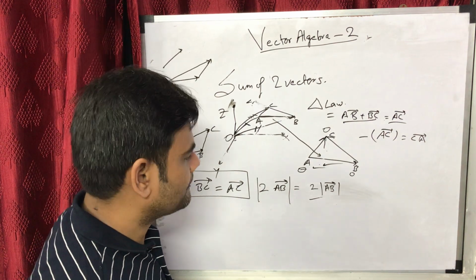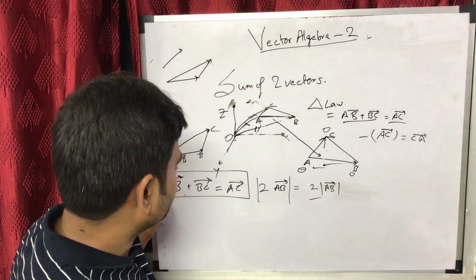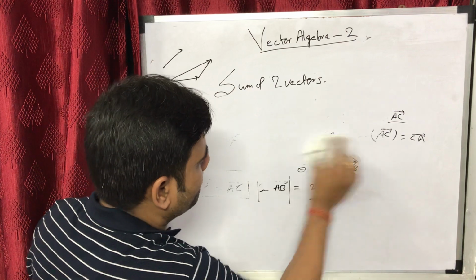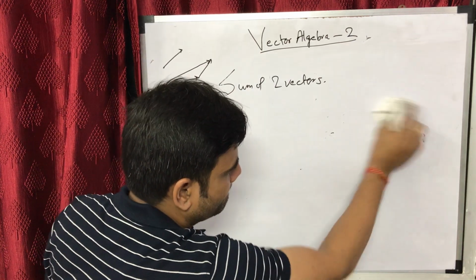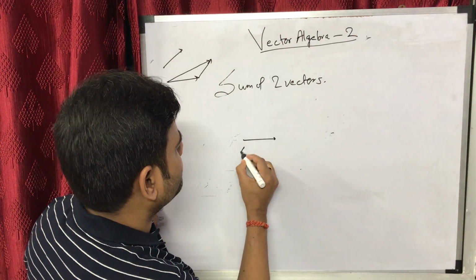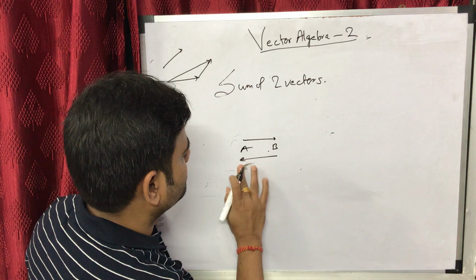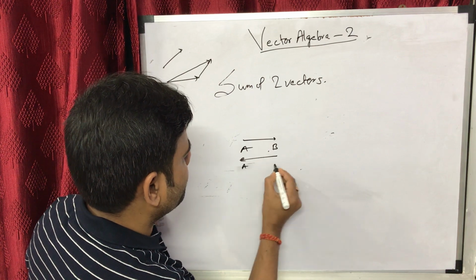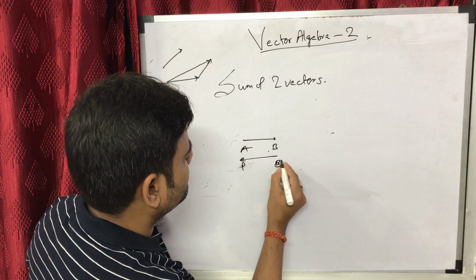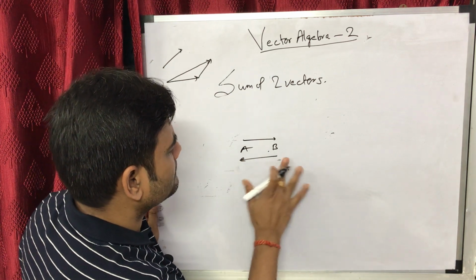Additive inverse. AB, and there is a vector BA just opposite to it, BA, or say PQ, or you say BC.